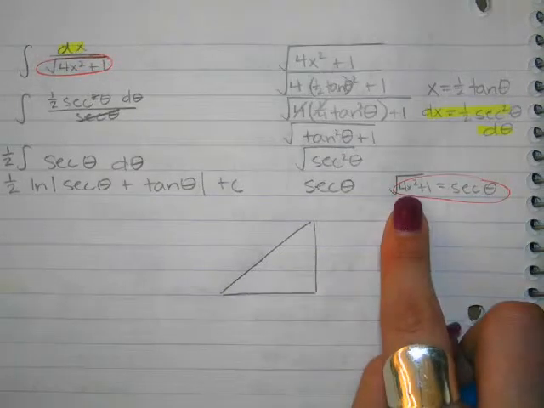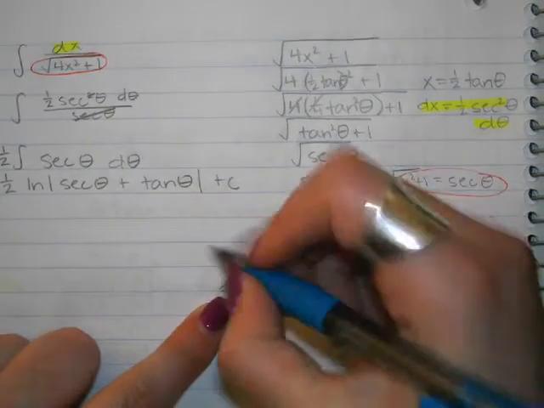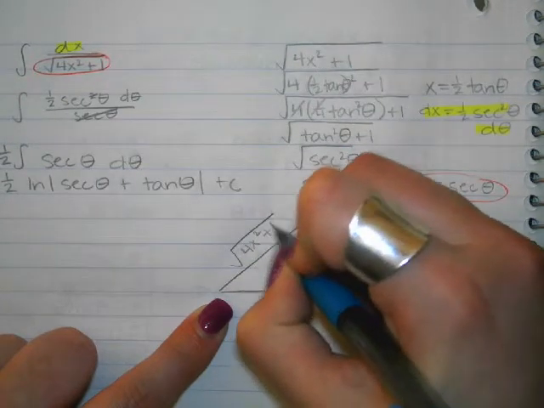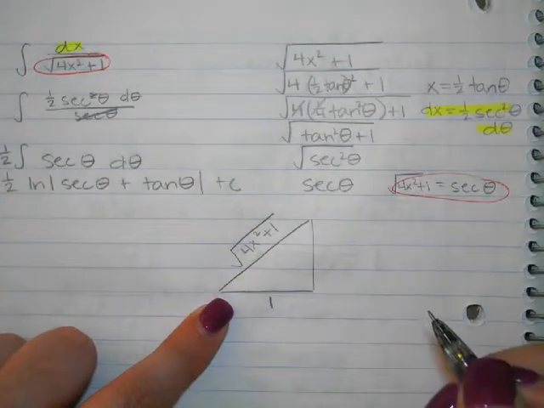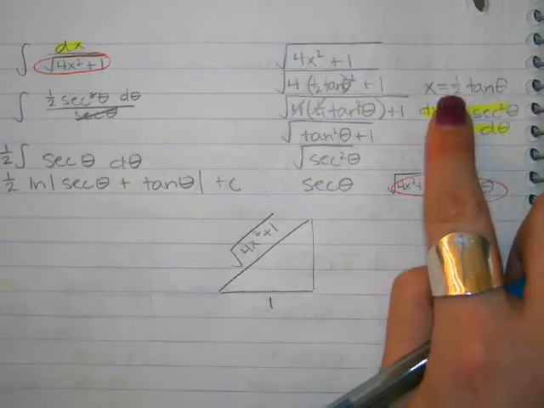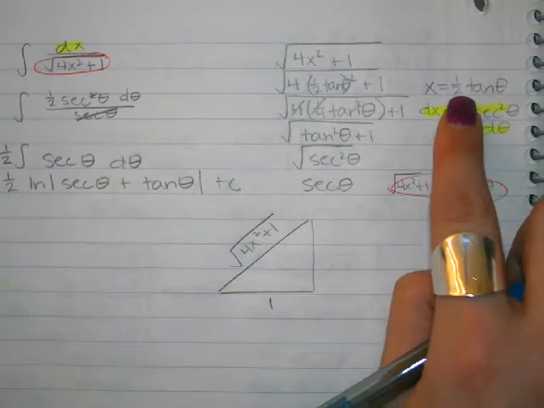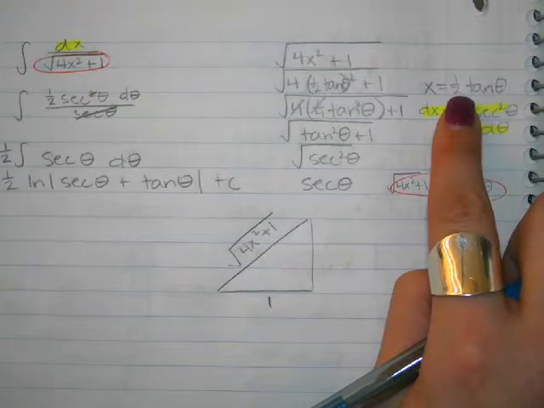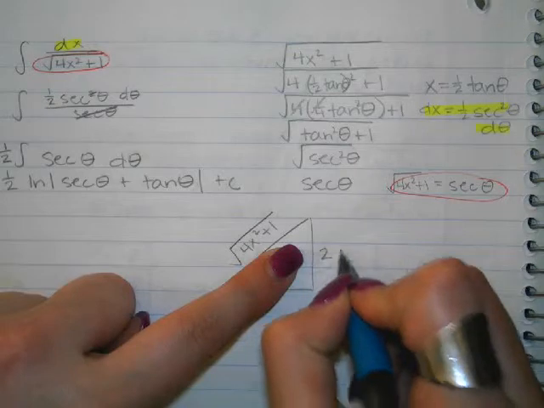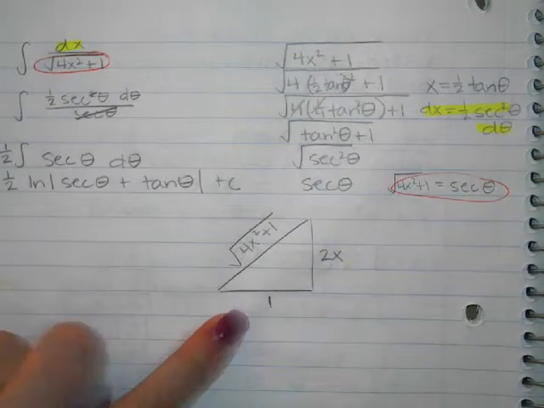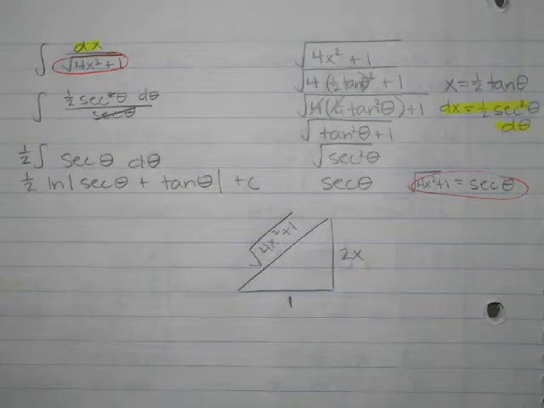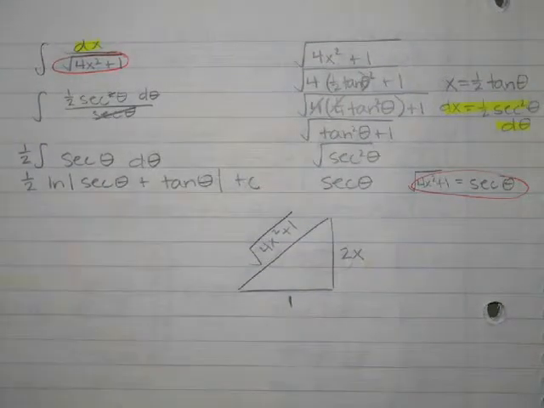So if we do hypotenuse over adjacent for this one, then this would be our hypotenuse. And our adjacent side would be 1. And if we do x, how do I get rid of the 1/2? Multiply it by 2. So 2x equals tan, so that means opposite over adjacent would be 2x over 1. I guess we didn't really need the triangle this time since it's just secant and tan. But you could draw it if it helps.